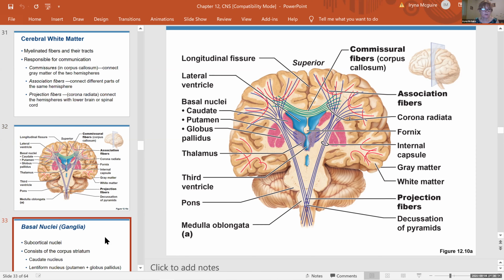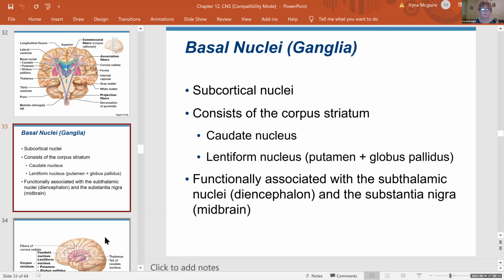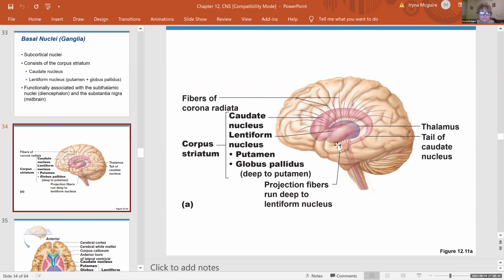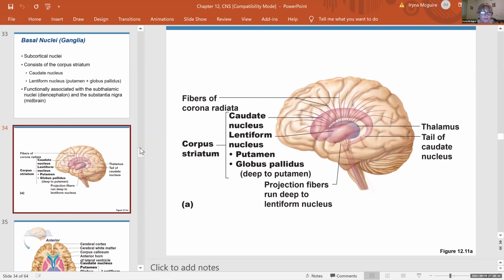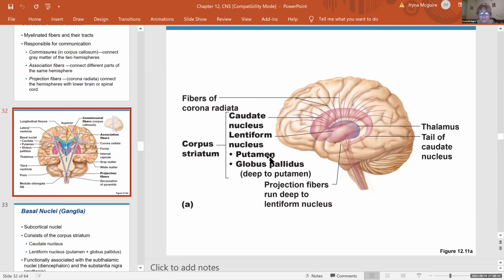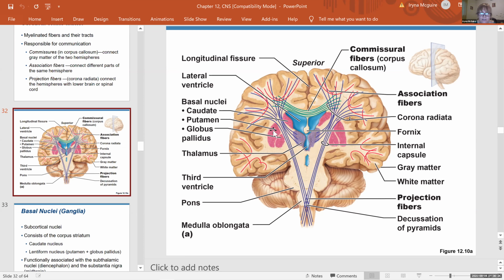Okay, and now we're going to look at what is called basal nuclei, right? The old name was basal ganglia. That is anatomically not correct. Now they call it basal nuclei. Remember, I told you everything that is inside, surrounded by white matter, that's gray matter.